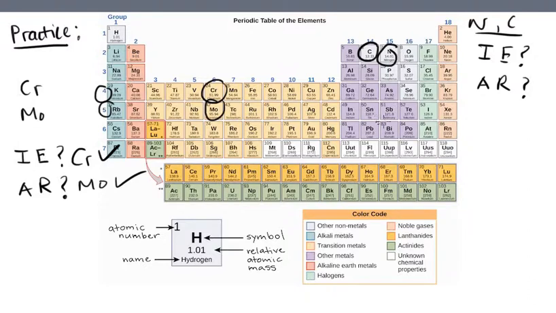Nitrogen, in this case, will have a greater ionization energy. Just because if you look here, it's closer to fluorine. That's our landmark. So, nitrogen. And atomic radius wise, carbon, in this case, just like I mentioned before.